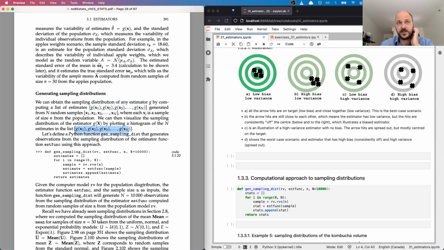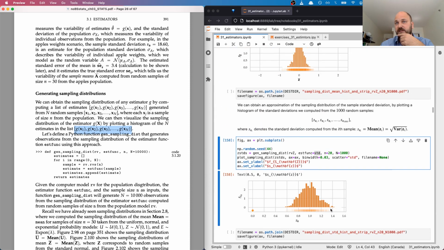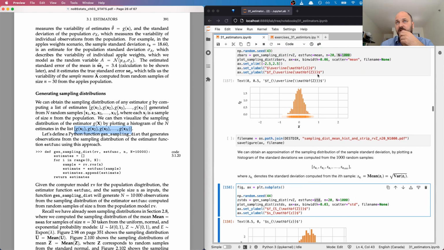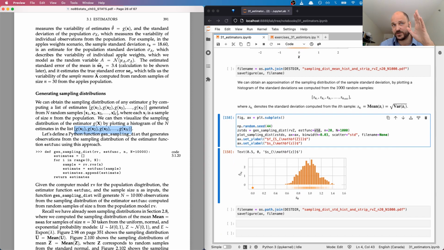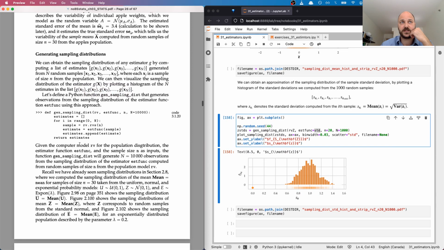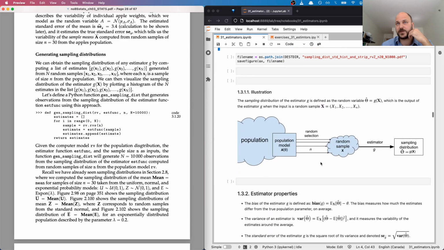Then this is a list of observations from the sampling distribution. So if you plot a histogram of that, then you get a graph like this. Here I just show it visually at the beginning of the book, but now we can actually write the function that generates these plots.